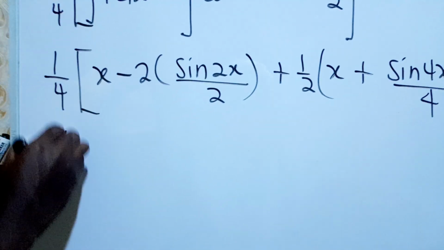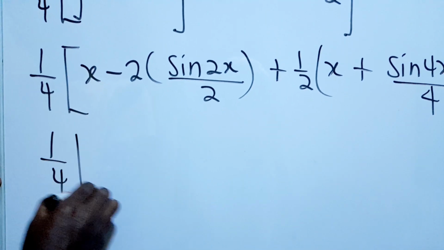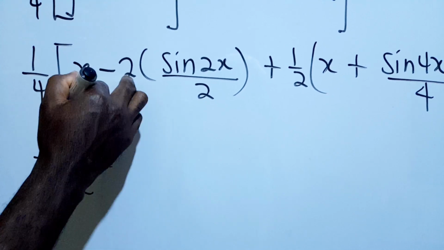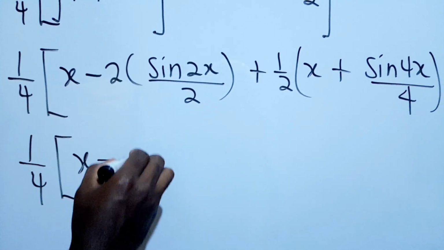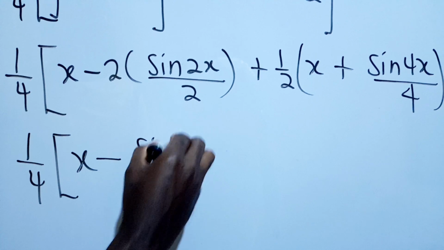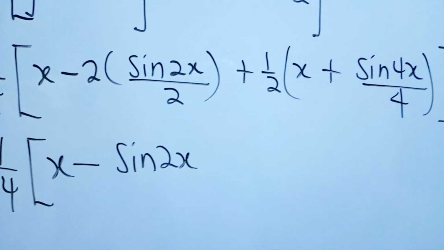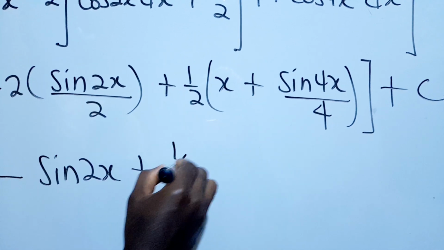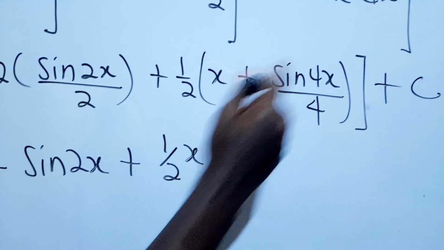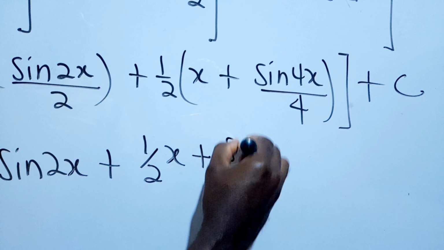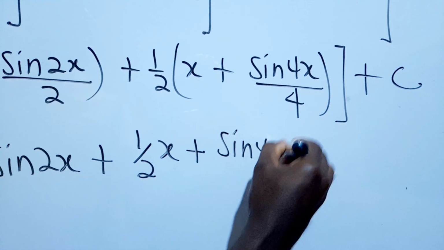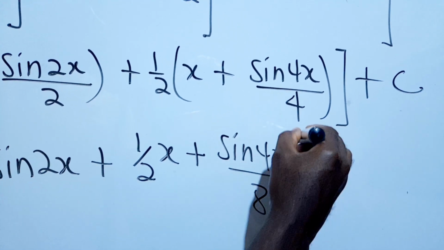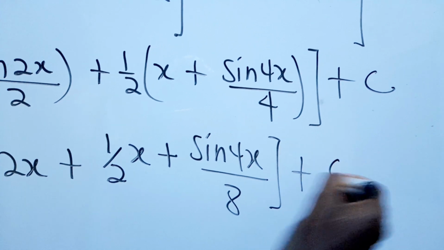So in polishing this, we have 1 over 4 x. These two divide, and we'll be left with minus sine 2x. Then plus, we expand this. This times this will be half x. Then this times that will be plus sine 4x all over 8. Then plus our constant of integration.